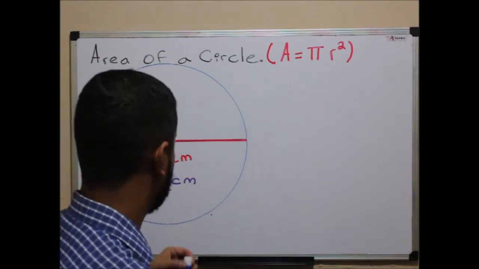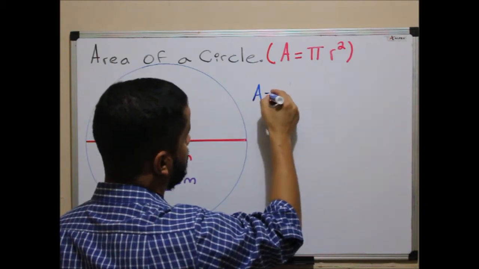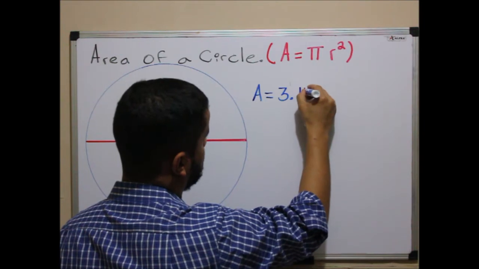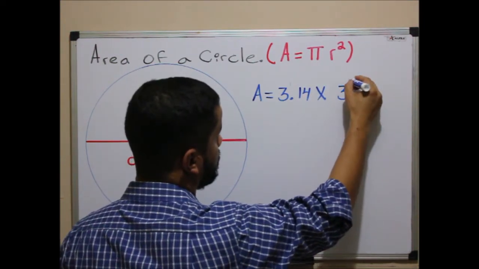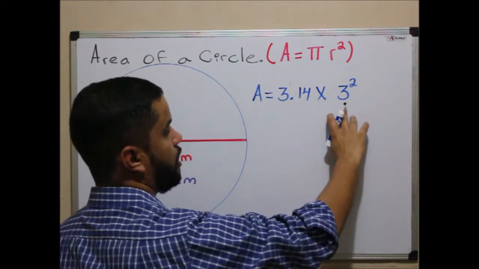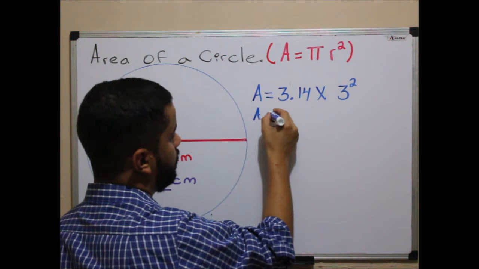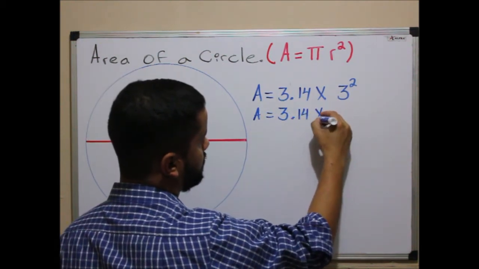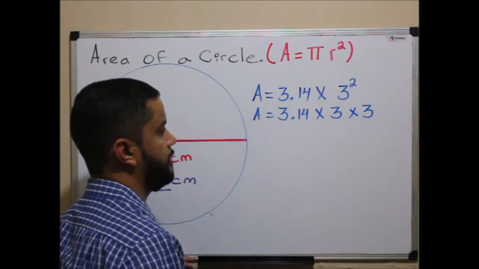So we're going to start. We write area. The value of pi is 3.14 times the radius, that is 3 squared. That means we're going to have 3 twice. So area will be equal to 3.14 times 3 times 3, like that.